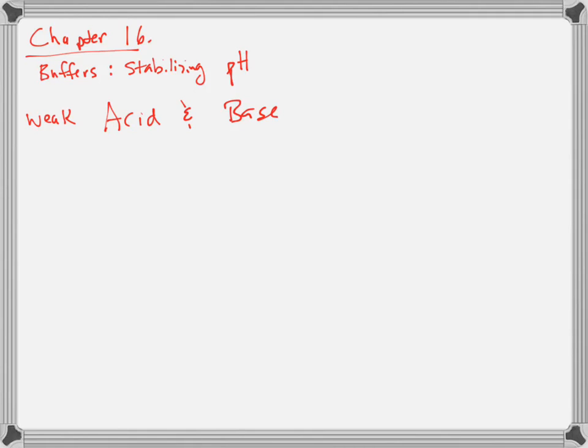Do they have to be the conjugates of each other? That one's a trickier question. No. Why do we pick problems such that they are conjugates of each other? It makes it a lot easier.